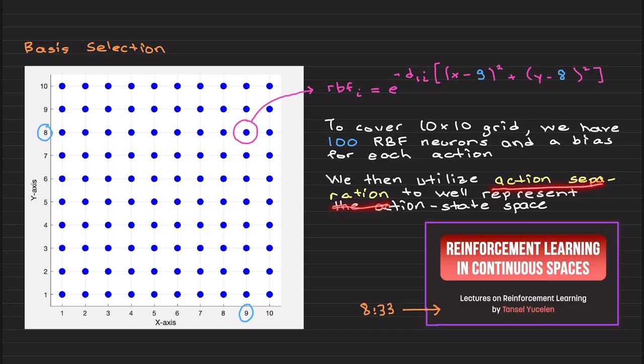So basically 100 plus 1, we have 101 basis for left, 101 for right, same for the other actions. So overall we have 404 radial basis functions covering this space.